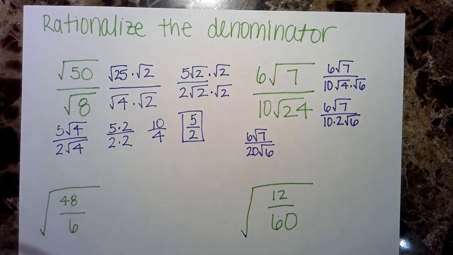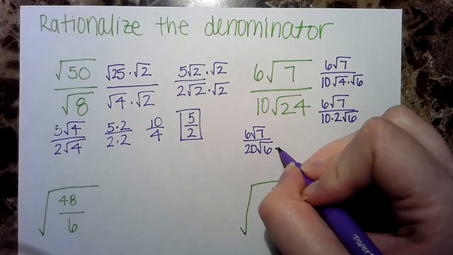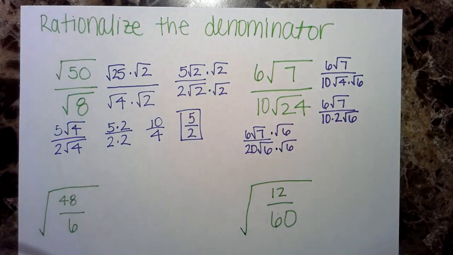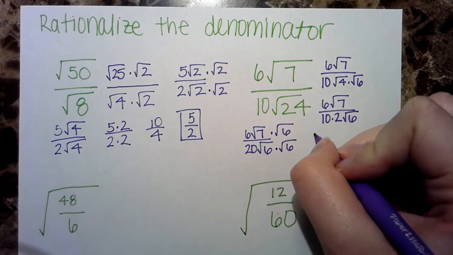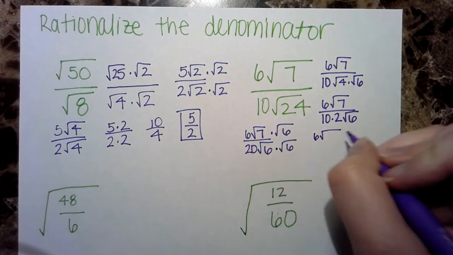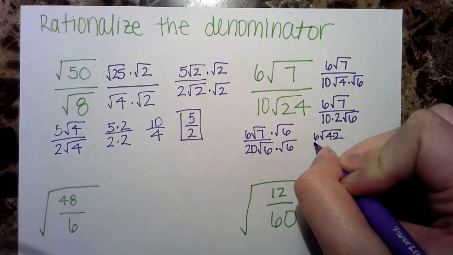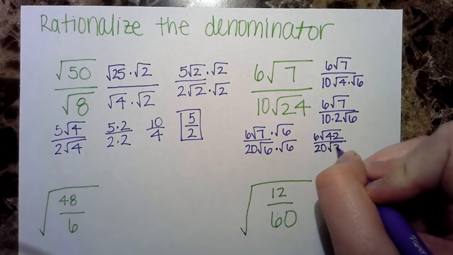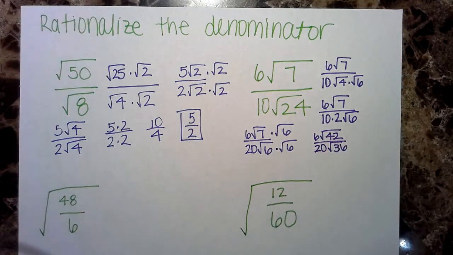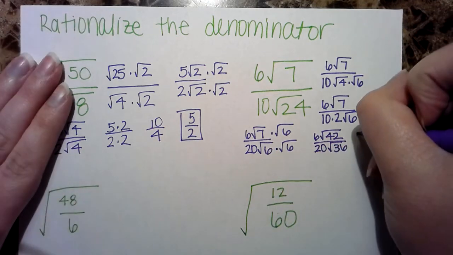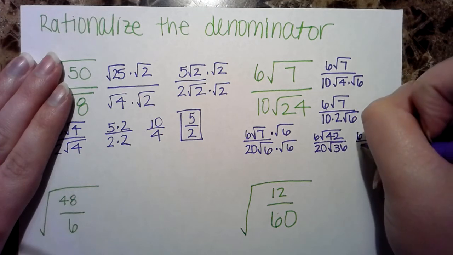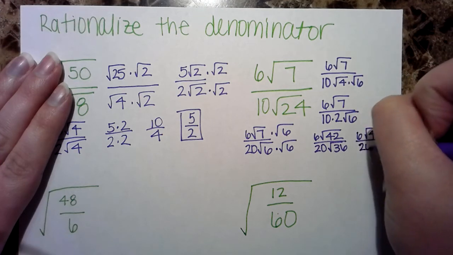I can't have a radical in the bottom, so I'm going to multiply the top by the square root of 6 and also the bottom, so the numerator and the denominator. This is going to end up being 6 square root 7 times 6 is 42 over 20 square root 36, because 6 times 6 is 36. That is going to make this 6 square root 42 over 20 times 6.